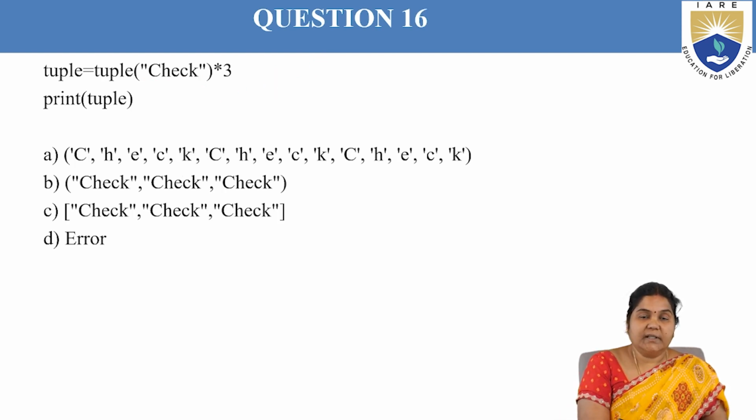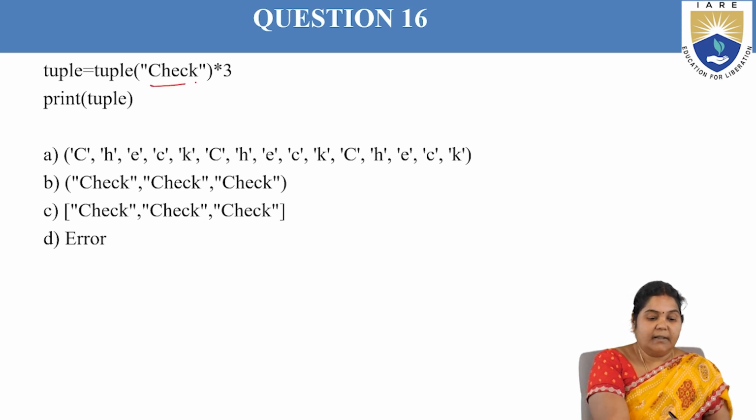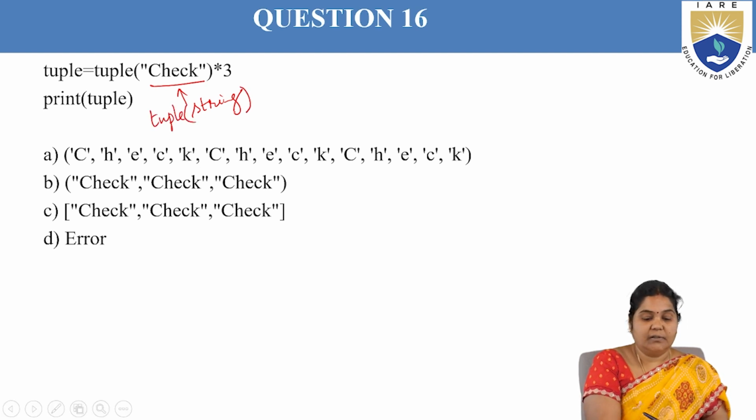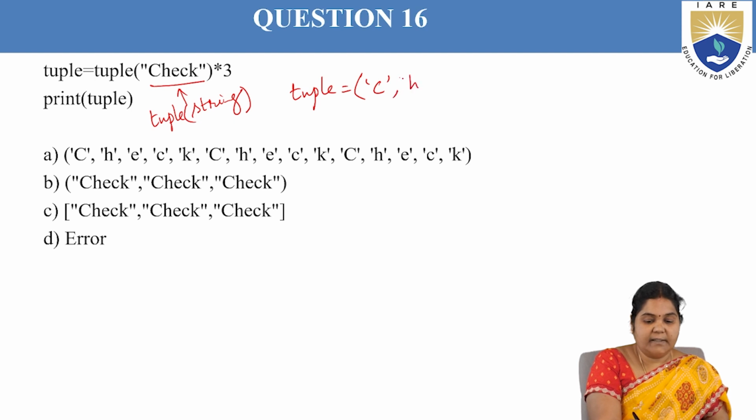Now, the next question is a little bit of a twist on the previous question. Here, it contains a single string which is converted into a tuple, which is nothing but the tuple conversion of this string. So what will the tuple contain after conversion? It will contain C, H, E, C, K. So after converting the string into a tuple, my tuple will look like this, which is multiplied 3 times.